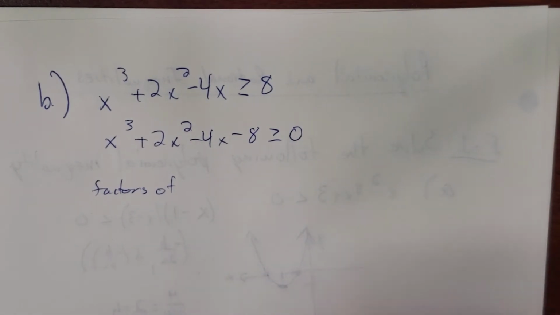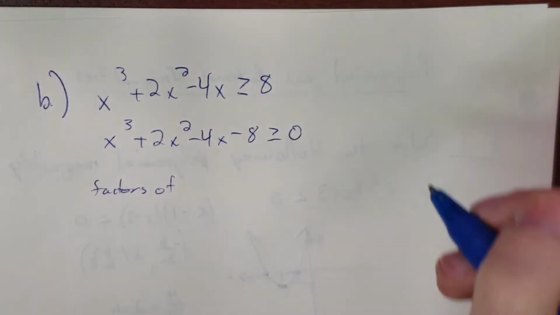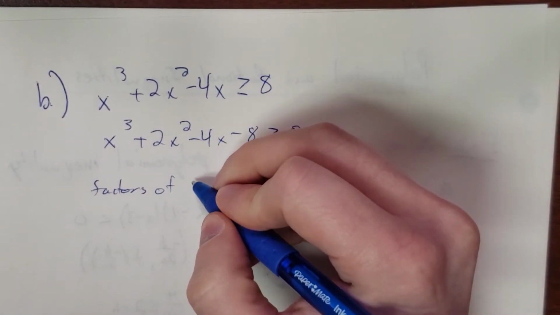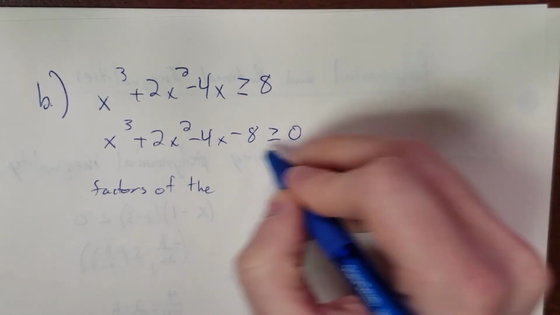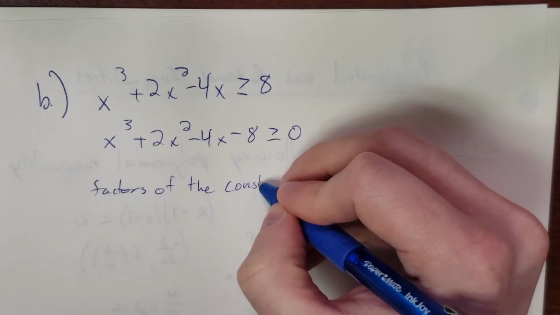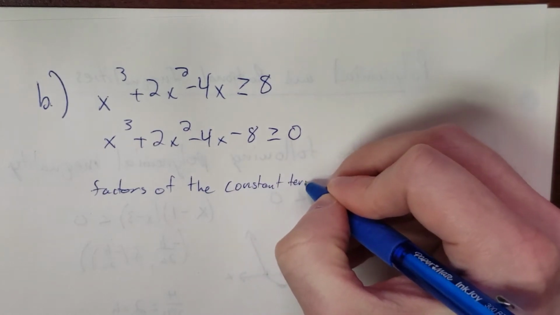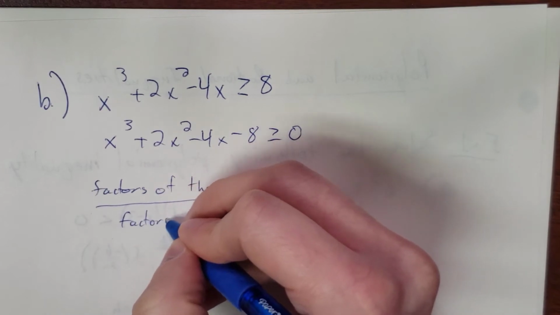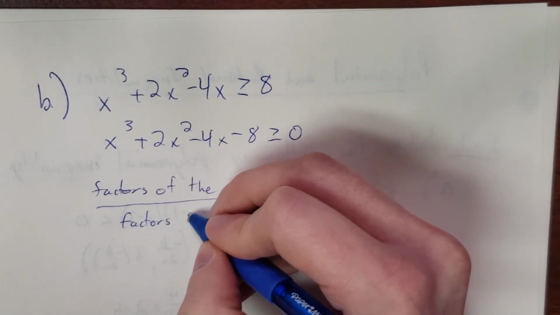Well, how do we do that here? Zeros of this polynomial are factors of the constant term, divided by factors of the leading coefficient.